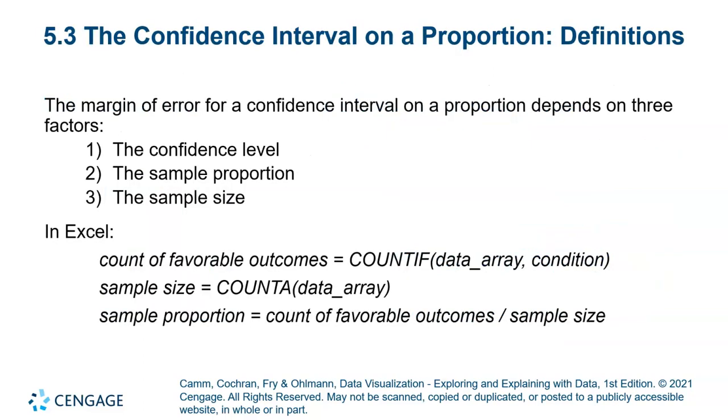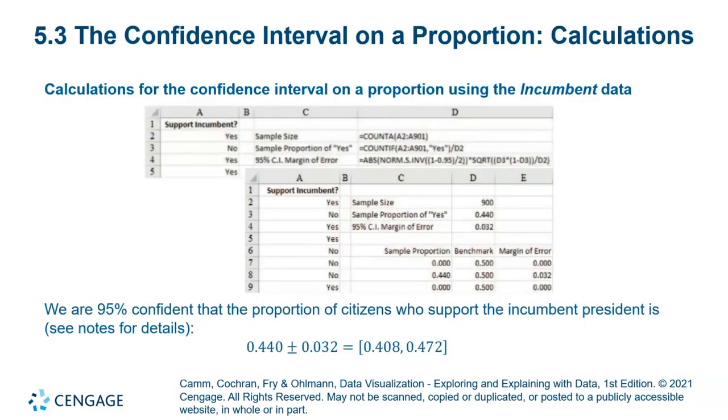If you see over here, there is some more information about the confidence interval and the proportion: the confidence level, the sample proportion and the sample size. You can calculate these with the COUNTIF function in the Excel sheet. And the proportion can be found by dividing the count of favorable outcomes by the sample size.